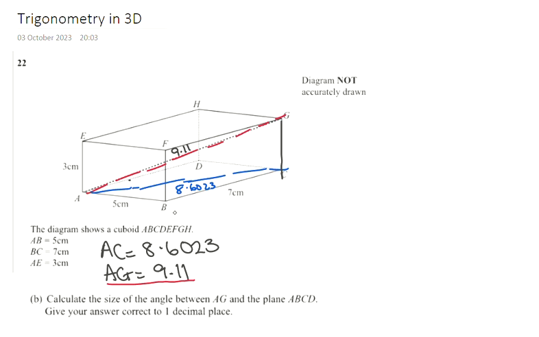So the base here is the plane ABCD, and then we have the line AG. So we're actually trying to find this angle here, which I'm going to call X.